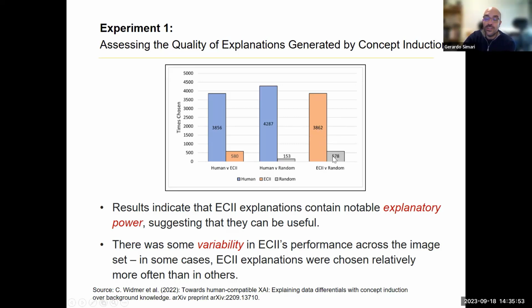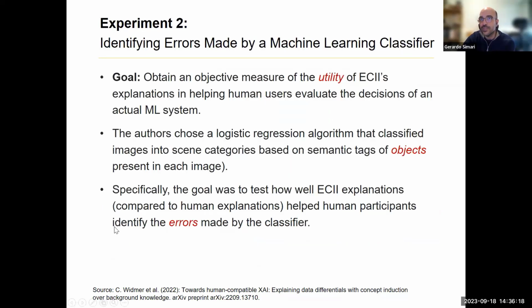So they do have explanatory power. There's also a lot of variability in SC's performance across the image set. The authors point out that in some cases, the explanations were sometimes even winning out over the human ones, but also losing sometimes to the random ones. So there was a lot of variability there.